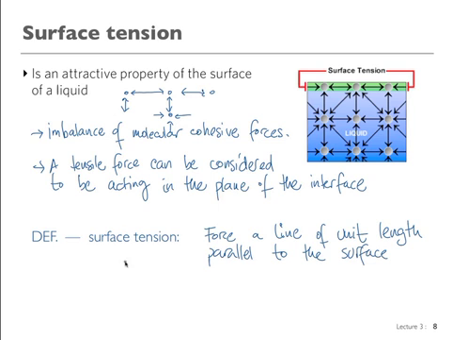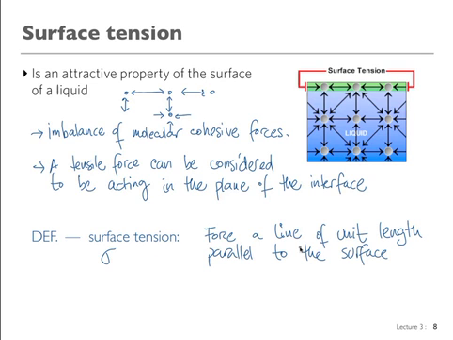So the dimensions, usually we use the Greek letter sigma, lowercase sigma, for surface tension. Sometimes other sources will have lowercase gamma. But since we use gamma a lot for the specific weight of fluids, we'll just use sigma for surface tension.